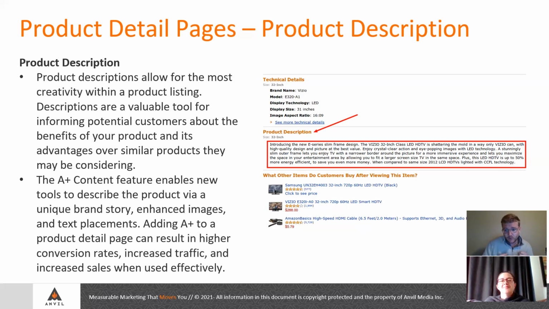If you are eligible for Amazon Brand Registry, I would absolutely recommend enabling A+ content and developing A+ content pages for at least your main products, if not all the products you're selling. Those A+ content product detail pages can result in higher conversion rates, increased traffic, and increased sales when they're used effectively.